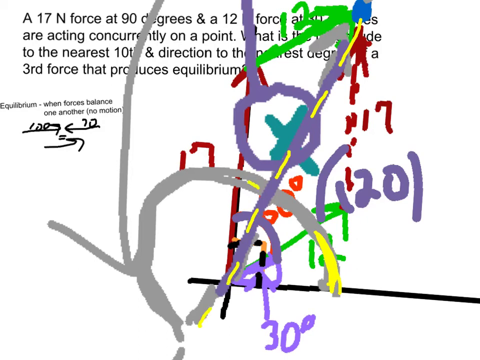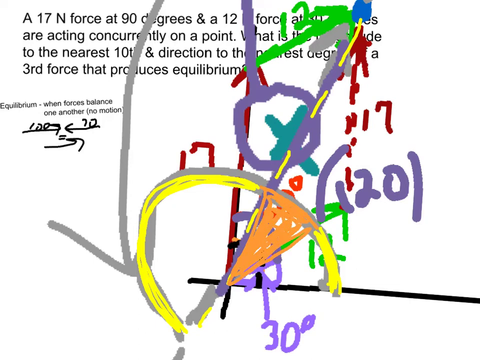So we know this piece of our obtuse angle, and we know this piece. The only piece of our obtuse angle that we are not sure about is this orange sector right here. And that's what we're going to find. So what's the side length across from that? 17. Just make sure you're using the right side length.